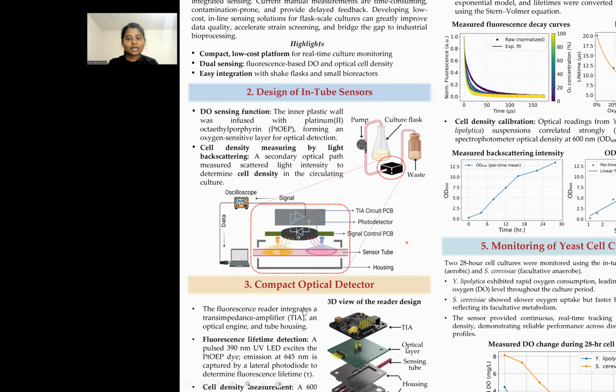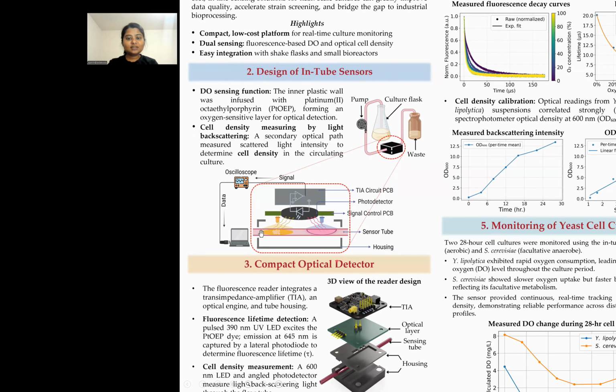Our system, as shown in this schematic, consists of a housing which houses the sensing tube. The inner walls of the sensing tube are dyed with the PtOEP dye. Other than the sensing tube, we also have the signal control PCB. This signal control PCB consists of two LEDs, one at 600 nanometers for measuring backscattering and another for excitation of the PtOEP using a 390 nanometer LED.